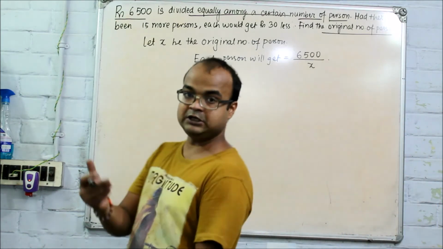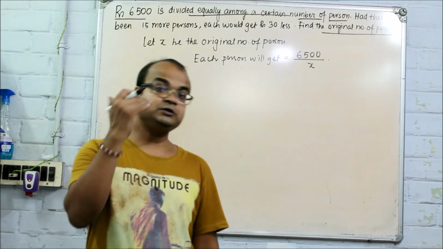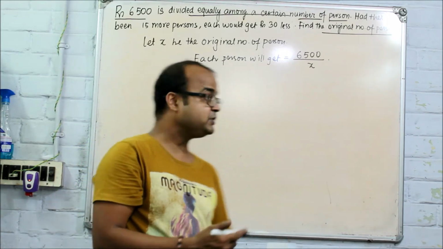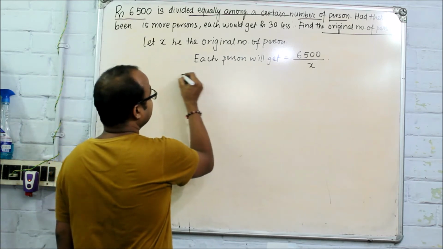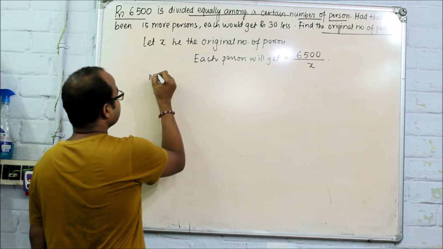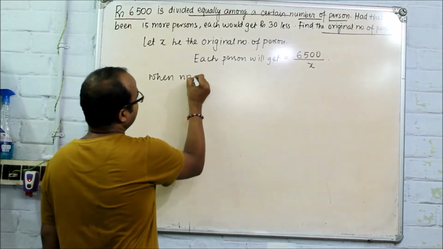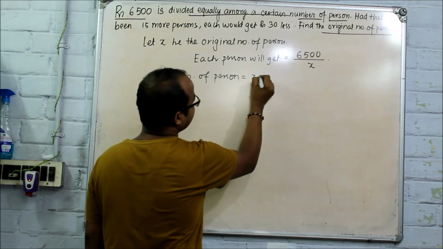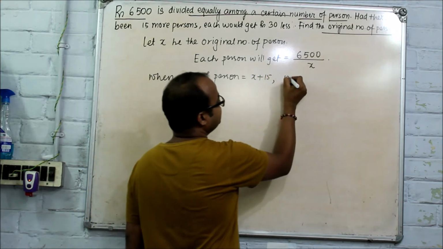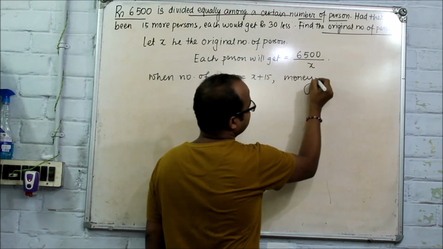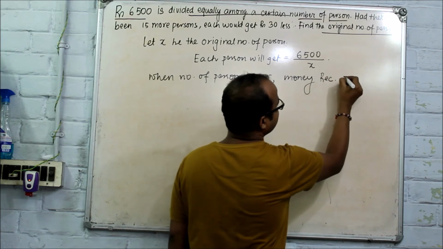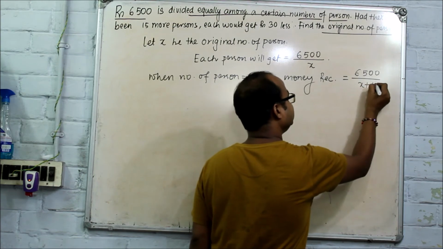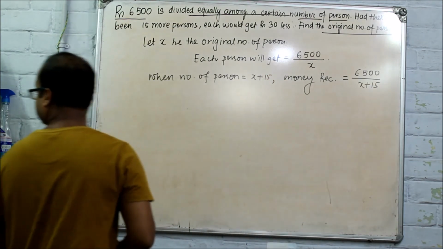Obviously, if the number of persons increases, each would receive less money than previously. So when the number of persons is equal to x plus 15, the money received is equal to 6500 by x plus 15. Clear?